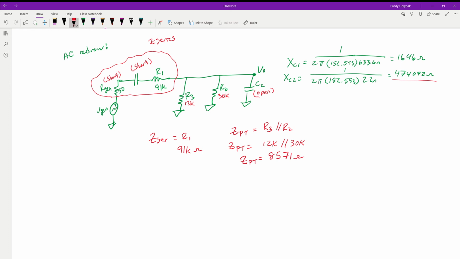So we can just solve for our V out using a voltage divider. We take the 8571 and divide that by the R1 plus our parallel total, which comes out to be 99,571. We multiply that by our 2 volts peak to peak.